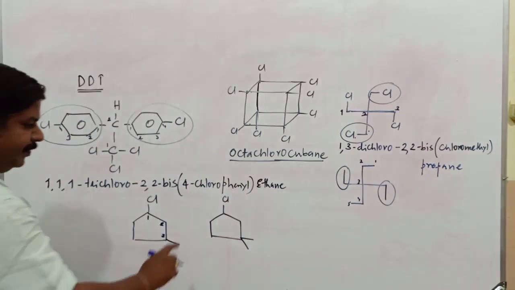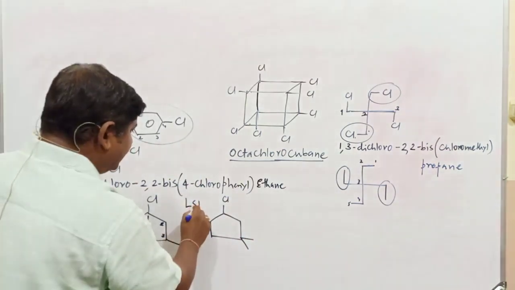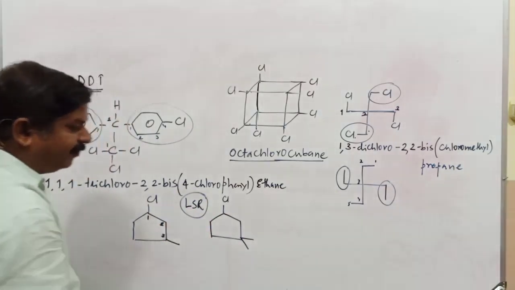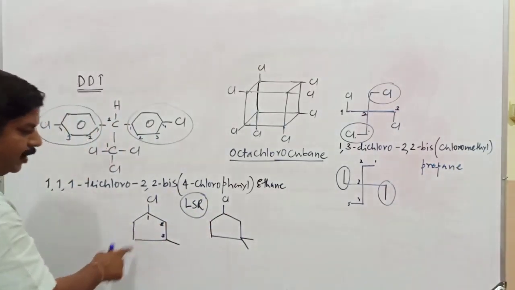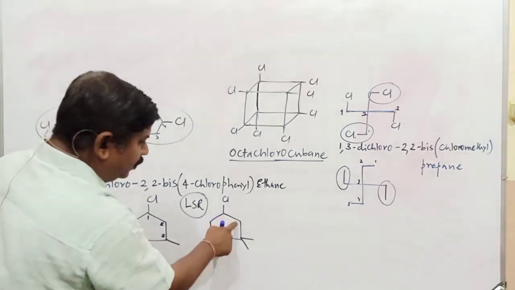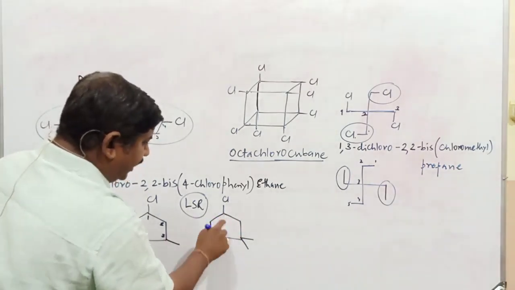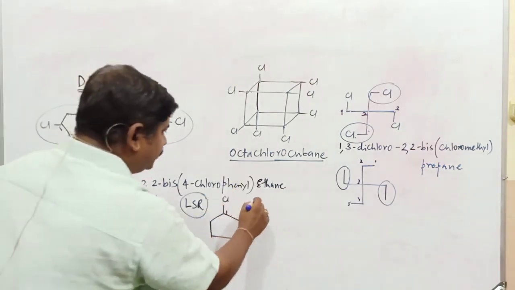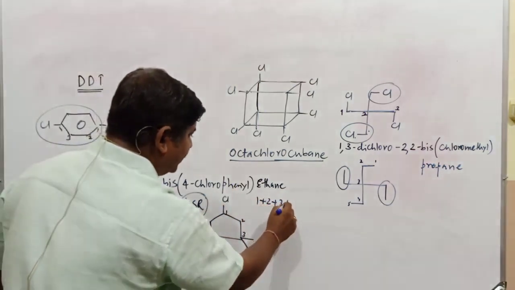Suppose that along with the chlorine atom, 2 substituents are present; here we have to follow LSR, the lowest sum rule. Lowest sum rule should be followed in this compound, whereas in the previous one it is not applicable. In the previous case, numbering 1, 2, 3 gives the sum 1 plus 2 plus 3.